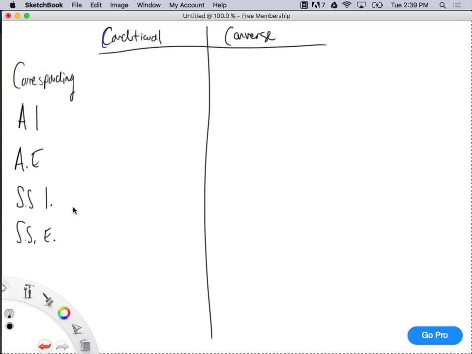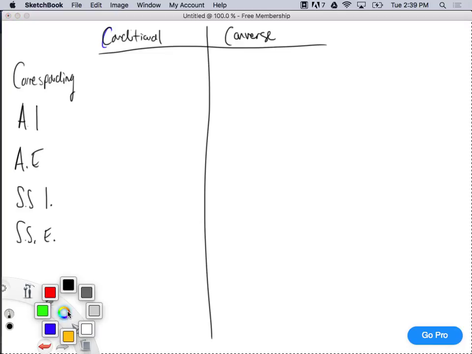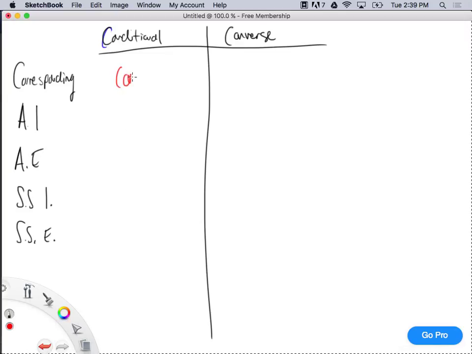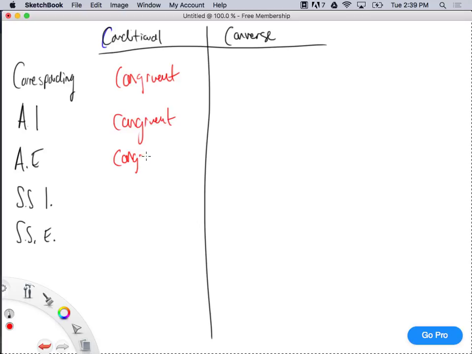The conditional statement says that corresponding angles are congruent, alternate interior angles are congruent, alternate exterior angles are congruent.